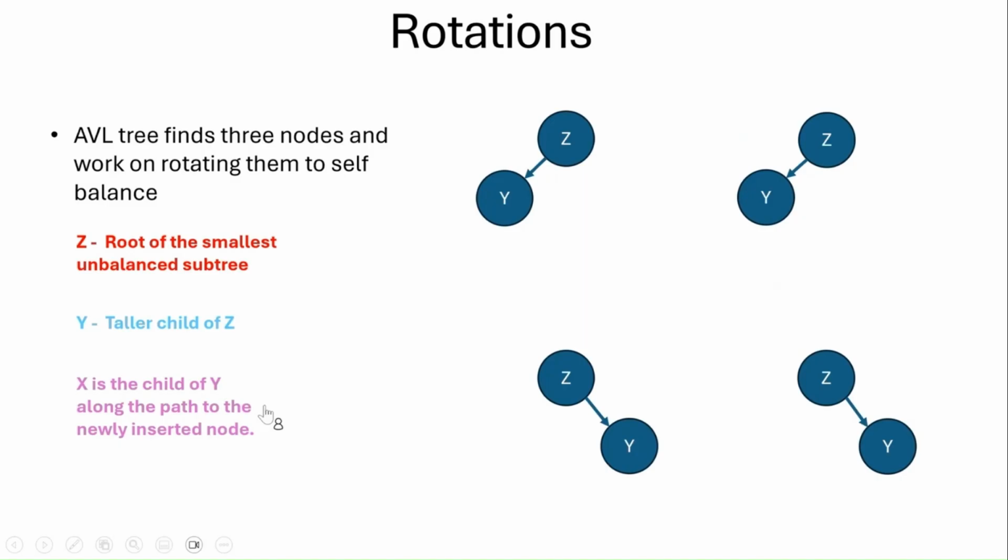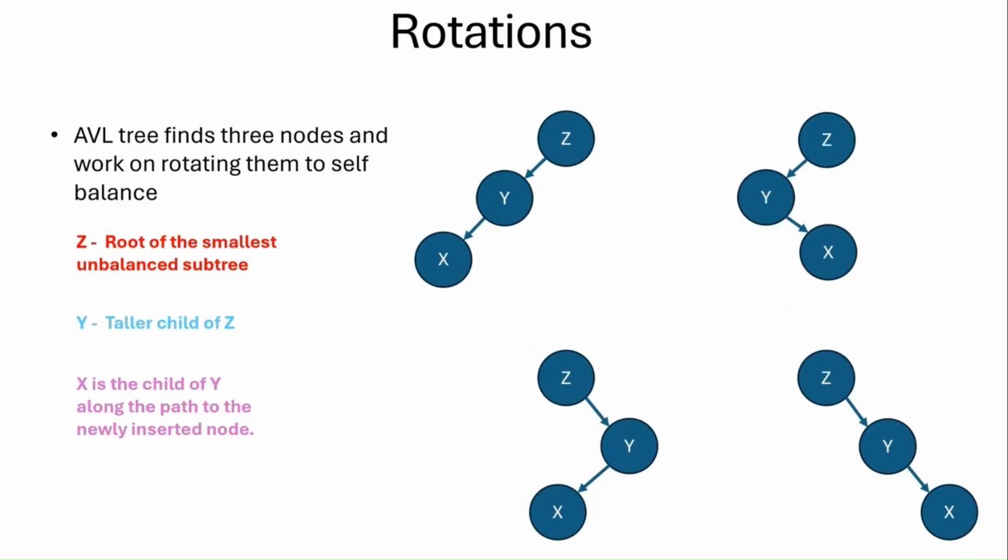So X can be either the left child of Y or the right child of Y. So we can see that the three nodes which we will find for the smallest unbalanced subtree can be in any one of these structures. So these four possible structures are there. And for each structure, the rotation or the self-balancing logic is different. That's why we have four rotations, right?